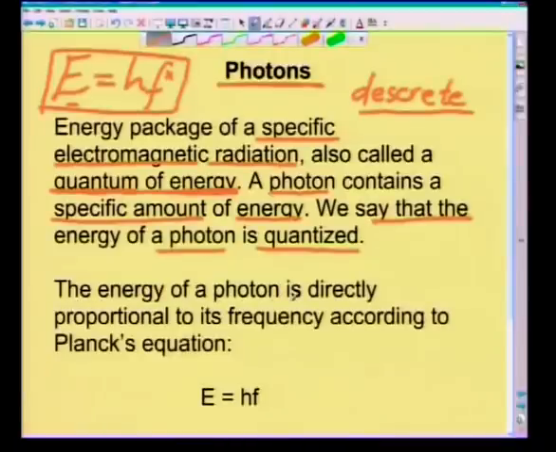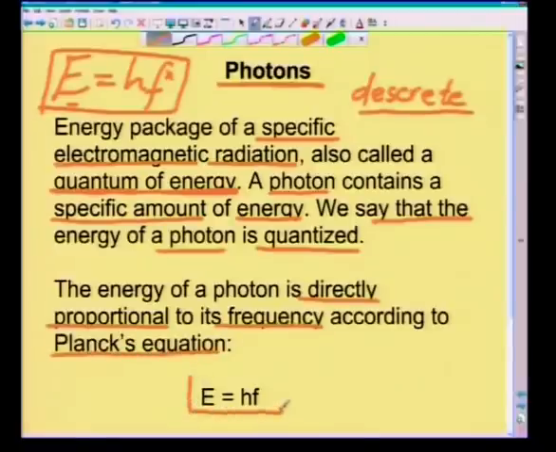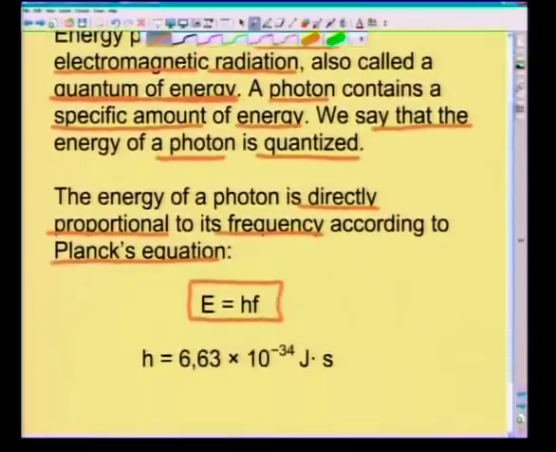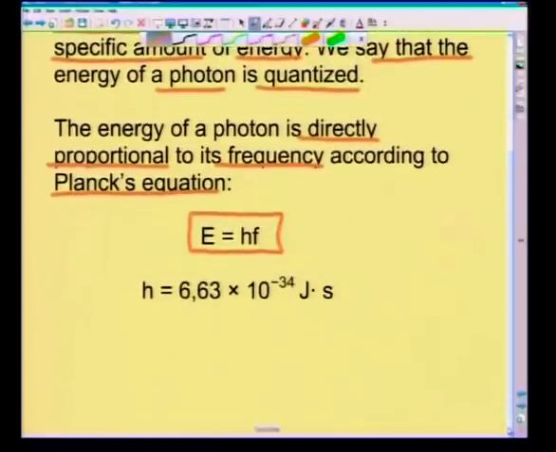Right. So this energy of a photon, like I have explained, is directly proportional to the frequency. And that is given according to Planck's equation, which is the energy equation E equals hf. And h, I said I'm going to explain what h is. h is a constant.